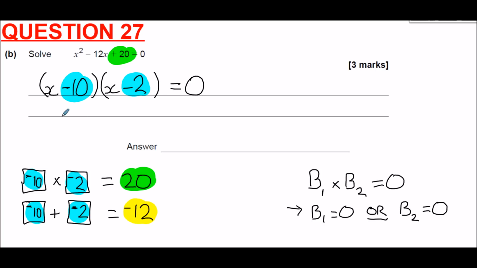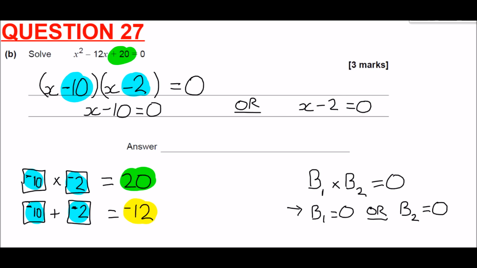So option 1, maybe this first bracket is equal to 0. So maybe x minus 10 equals 0. Or the second bracket, x minus 2 equals 0.